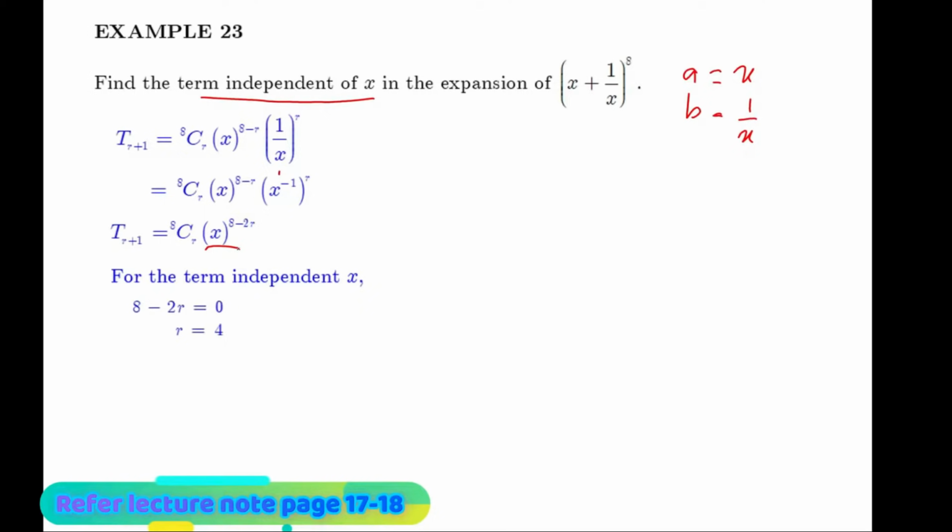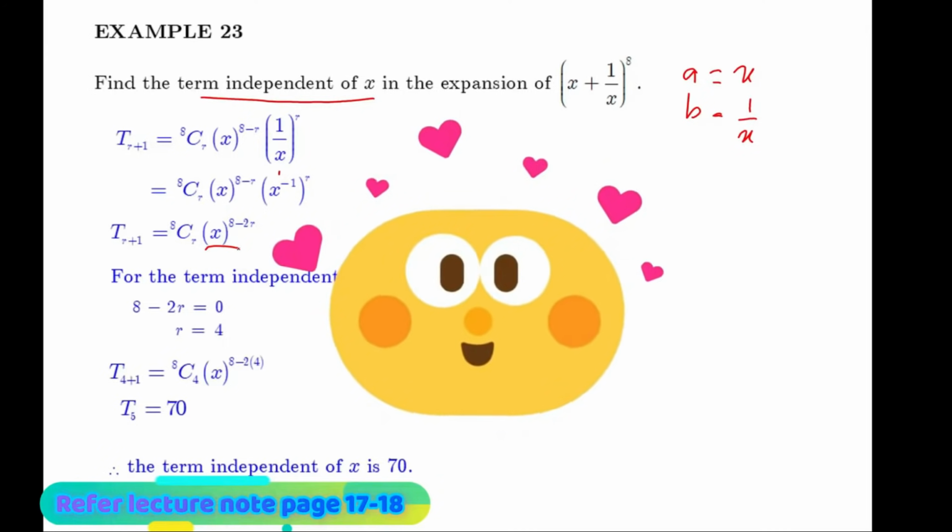Now, substituting our r equals 4 into our T(r+1) formula and simplifying it, we will get T5 equals 70, which means the term independent of x is 70, which is the 5th term. And we're done.